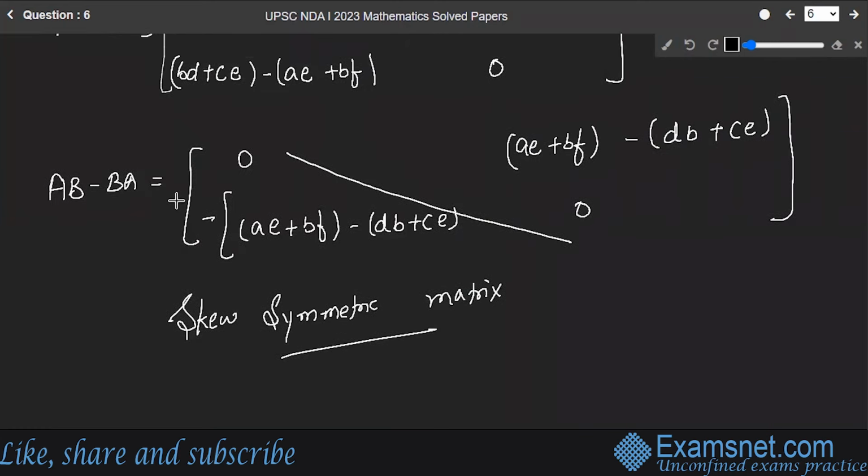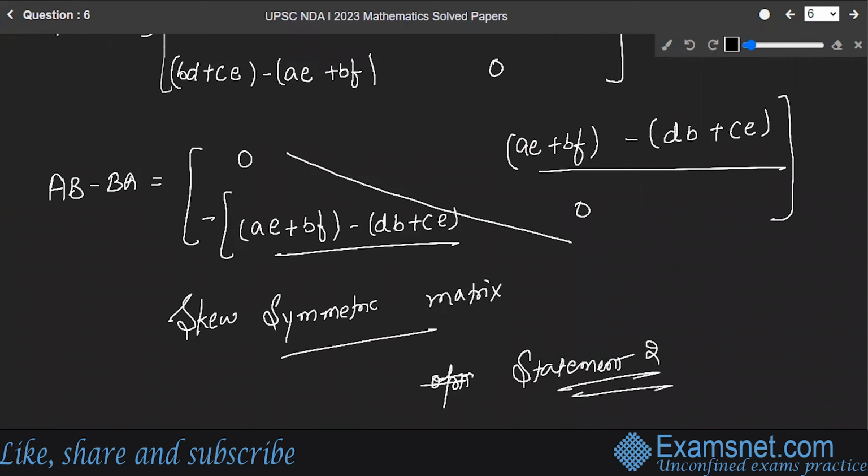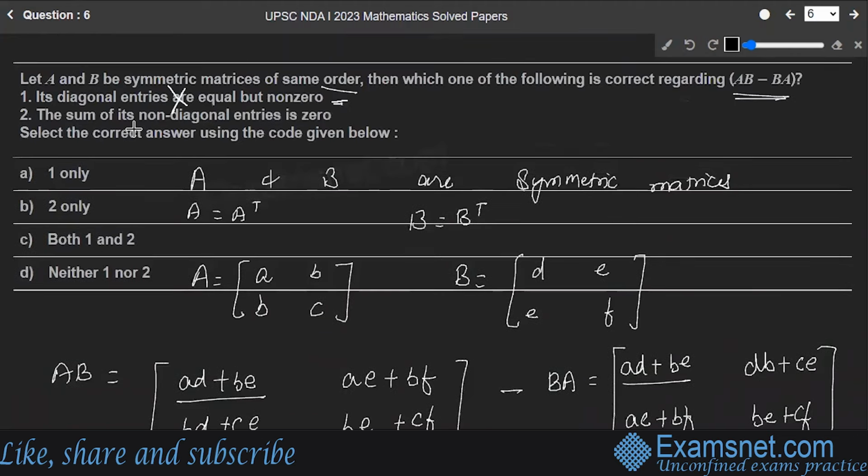If you add both of them, you will get 0. That means statement 2 is correct. Hope you got that. Here, option B is the correct answer. Hope you understood this question. Let's move to the next question then.